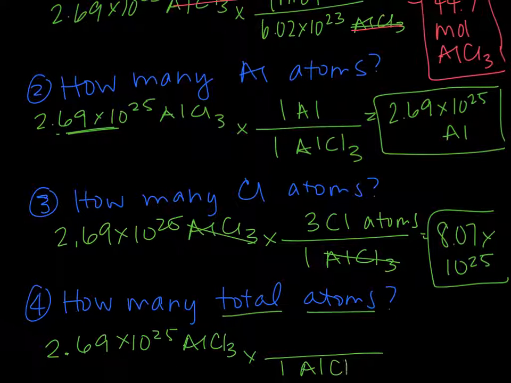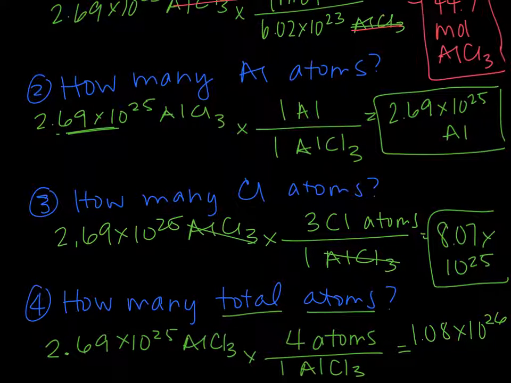One aluminum chloride is equal to 4 atoms total because there's 1 aluminum and 3 chlorines. So I'm going to take 2.69 times 10 to the 25th and multiply by 4. And I get 1.08 times 10 to the 26th atoms total.